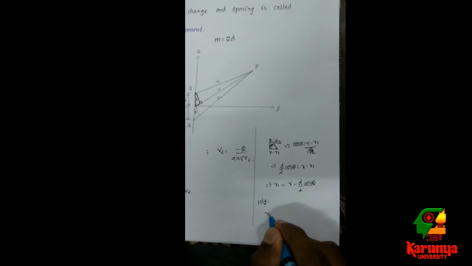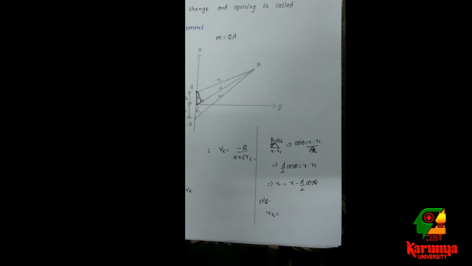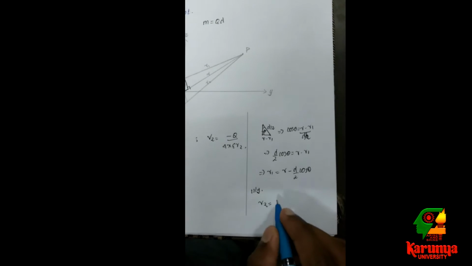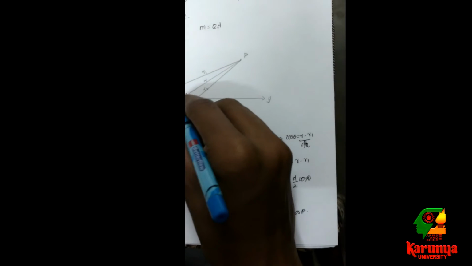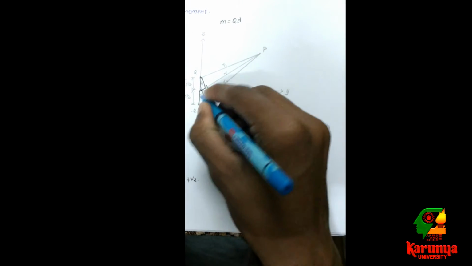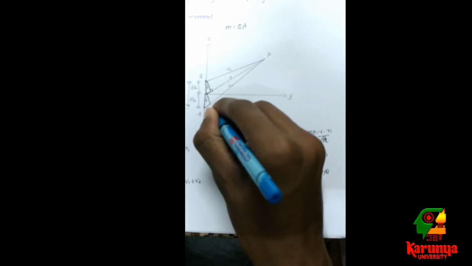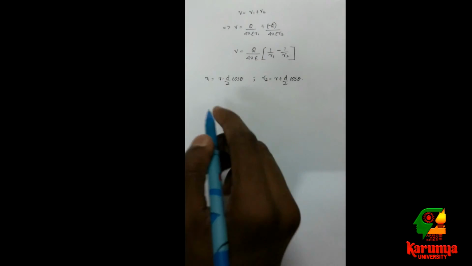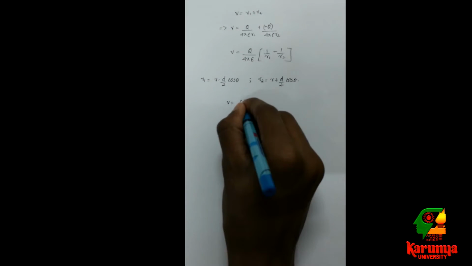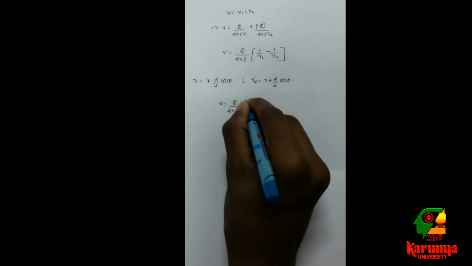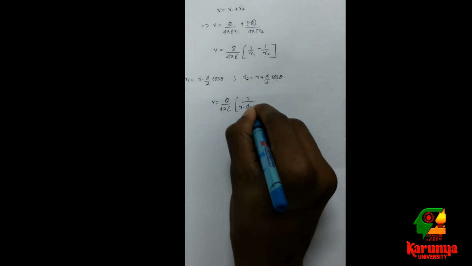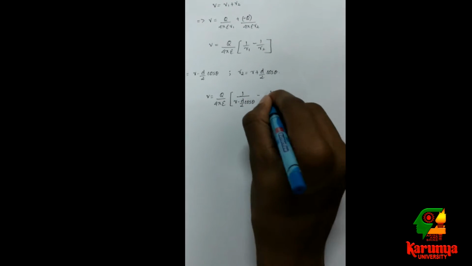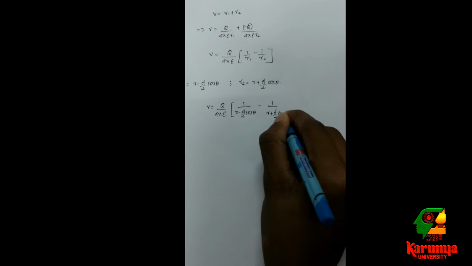Similarly, for r2, we can write it as r plus d by 2 cos theta, where we are considering this triangle, and this side can be written as r2 minus r. On substituting the values of r1 and r2 in the above equation, we get V is equal to q by 4 pi epsilon into 1 by r minus d by 2 cos theta minus 1 by r plus d by 2 cos theta.